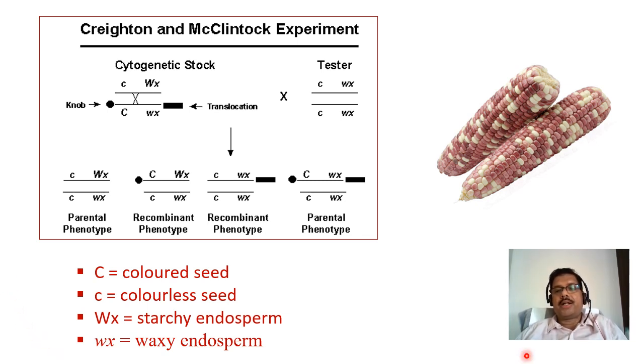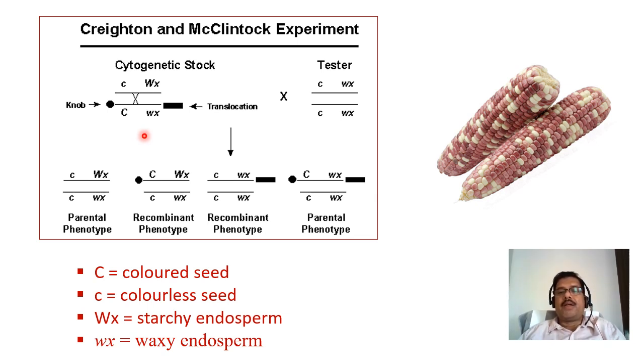This is the diagrammatic representation of the Creighton and McClintock experiment on maize to prove the cytological evidence of crossing over. They performed a test cross with a cytogenetic stock which is heterozygous. This individual has colored seeds with starchy endosperm, whereas this one is colorless with waxy endosperm. This is the tester, and this one is the cytogenetic heterozygous stock.